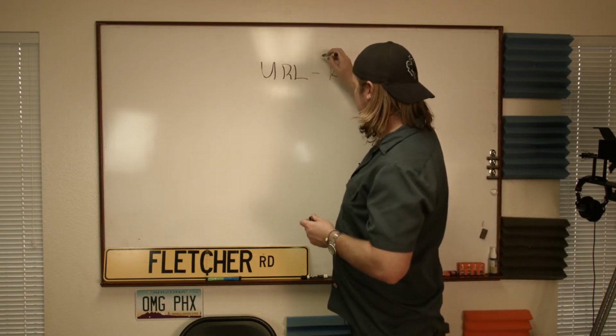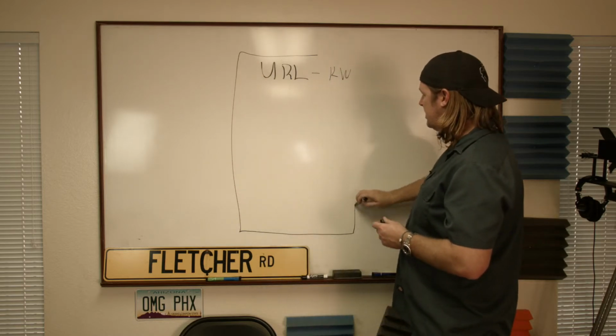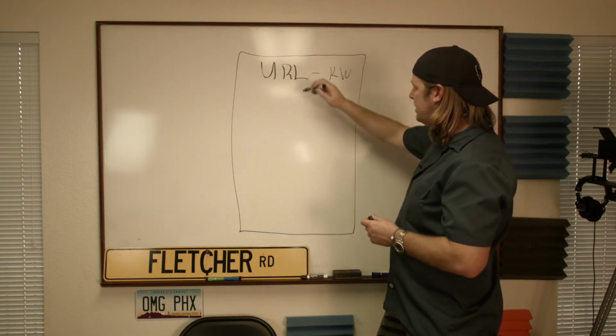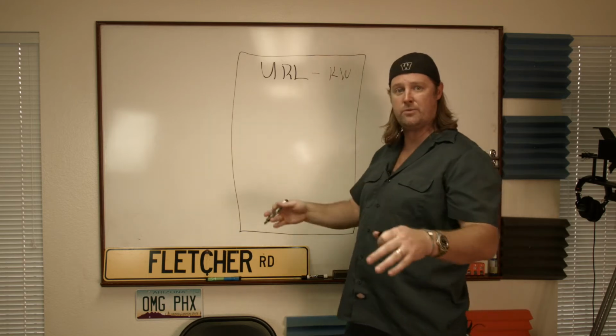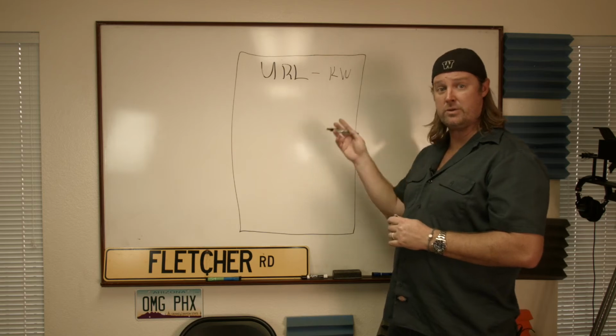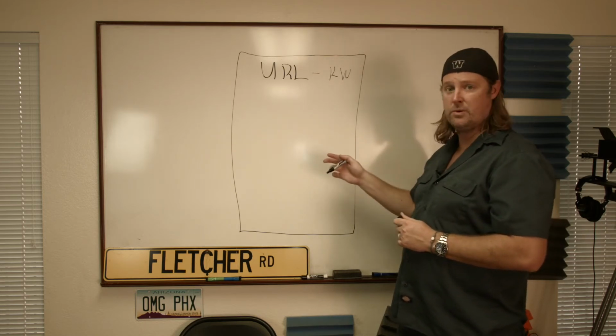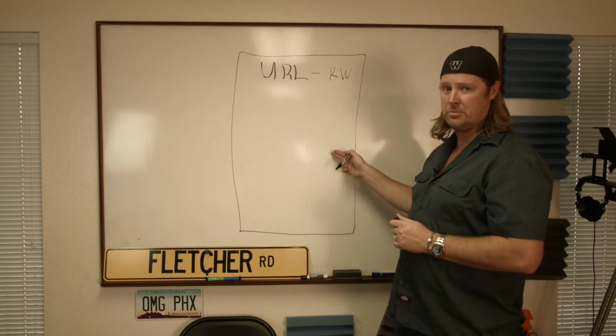I'm going to draw a big box here because we're talking about just a single page. Don't worry about links, other sites, social platforms, or YouTube. It's just any page on the internet, whether it's on YouTube, Pinterest, Facebook, our money site, or a PBN. This is just a single page, okay?